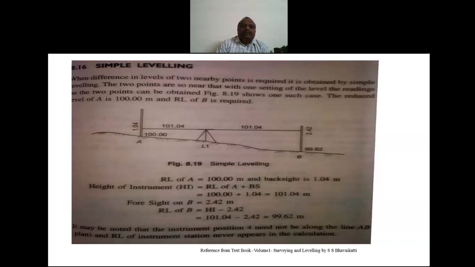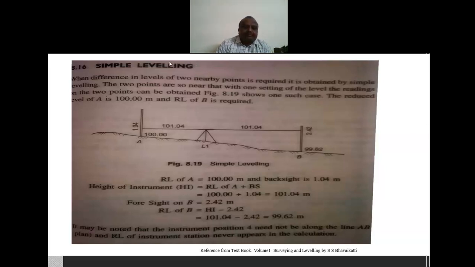Once you have done the temporary adjustment, the leveling staff is placed on station A, the known RL, that is 100.